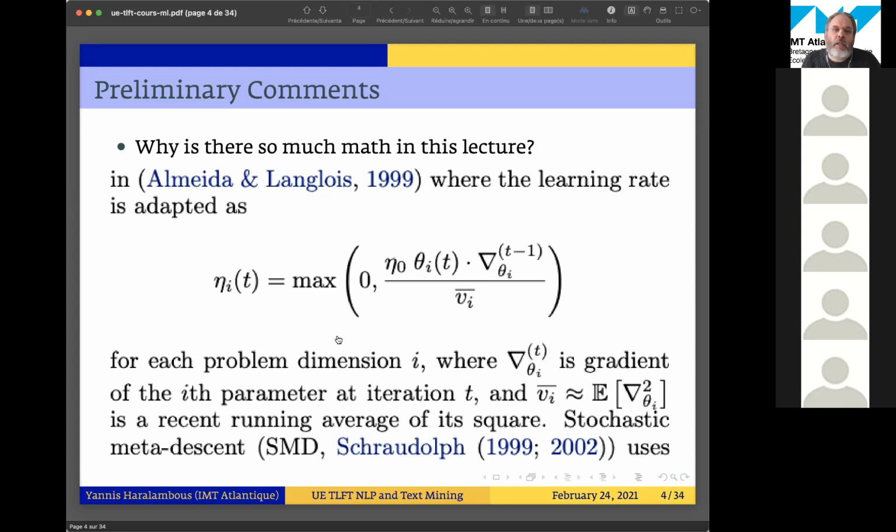So this is why I have used so much mathematics, because I think that there is the mathematical point of view of machine learning, and it's an important one for those who, like you, will sooner or later have to read some research papers.